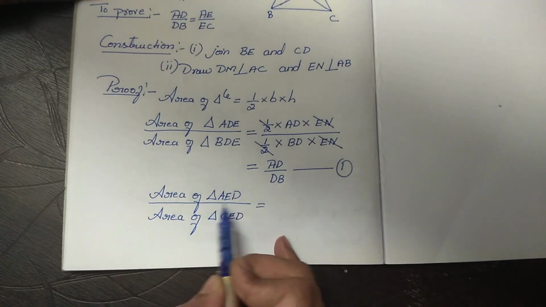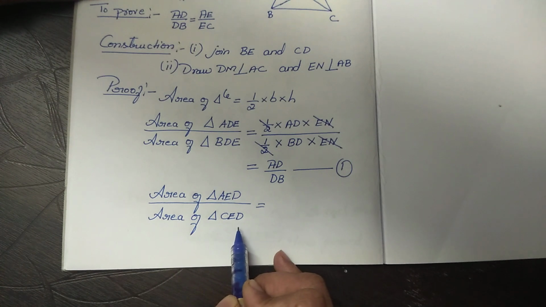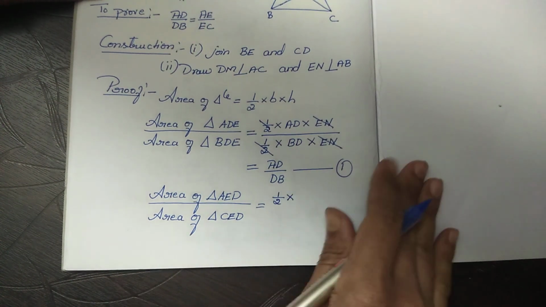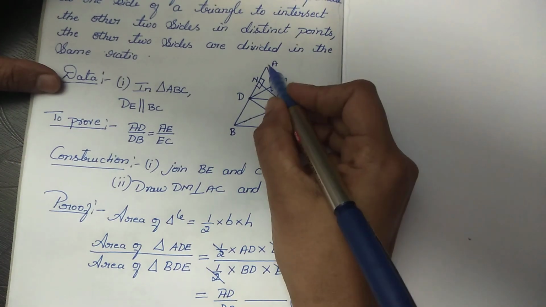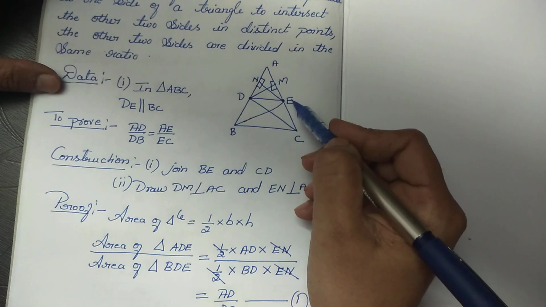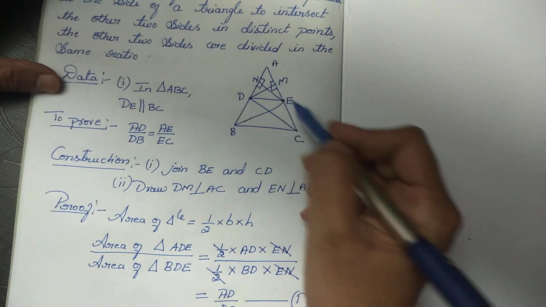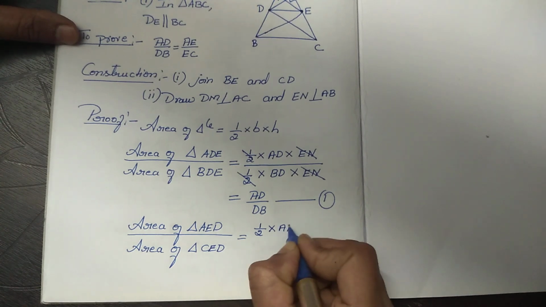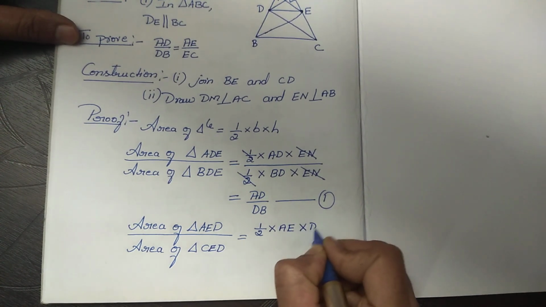Here again half into base. In area of triangle AED, the base will be AE and the height will be DM.